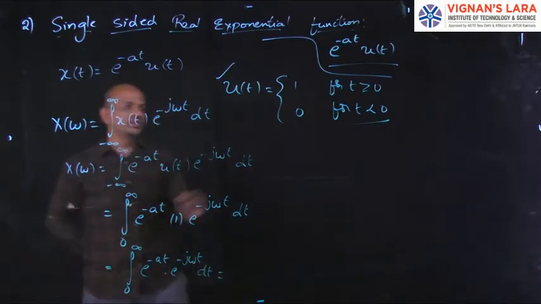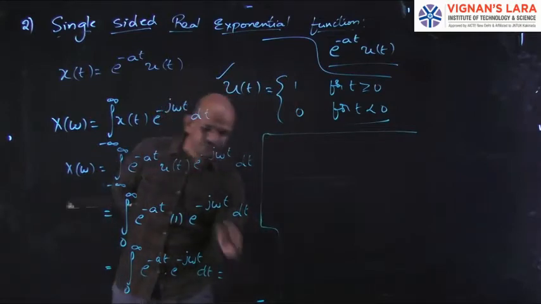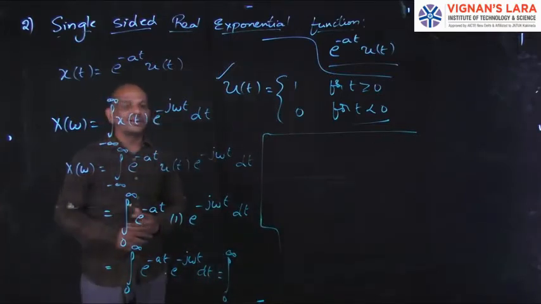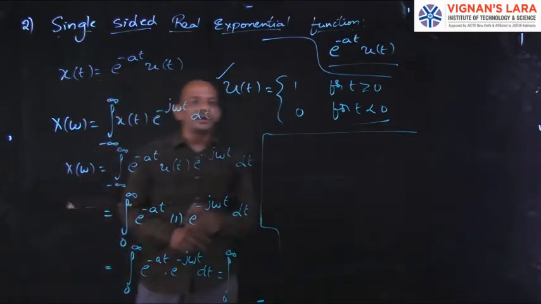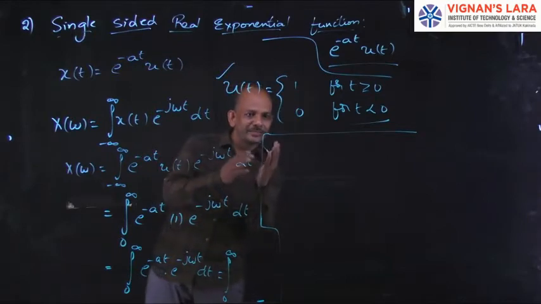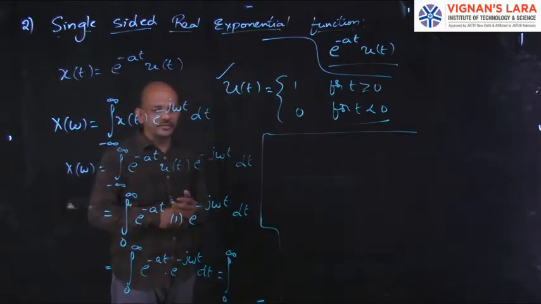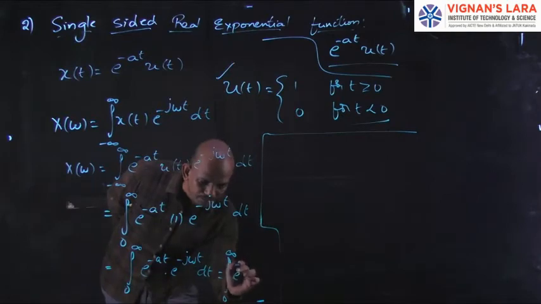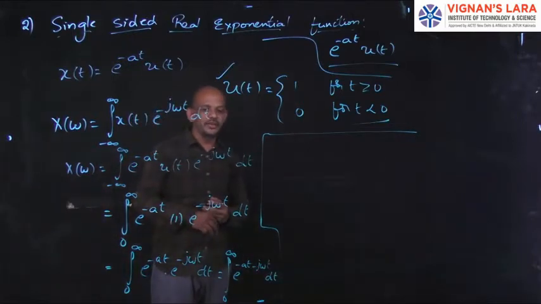That will be equal to the integral from 0 to infinity of e power minus at into e power minus j omega t. So we have e power minus at minus j omega t. I can take the minus as common, then what I will get? E power minus of a plus j omega t. In the same way, we can write this as the integral of e power minus at minus j omega t dt.